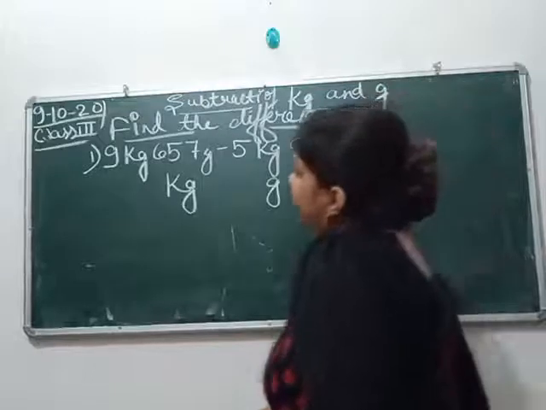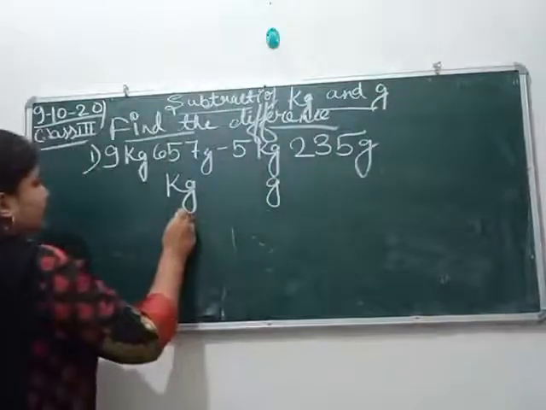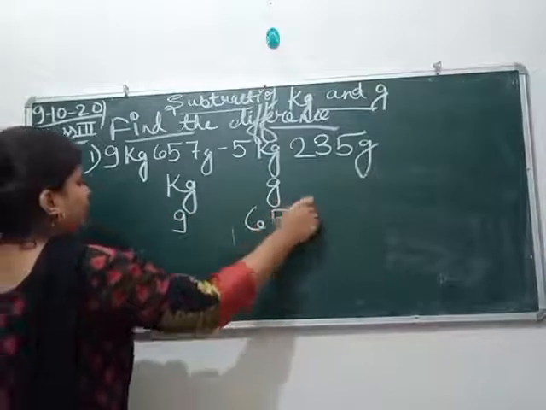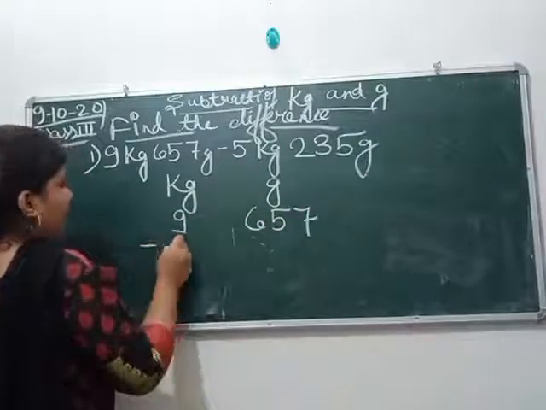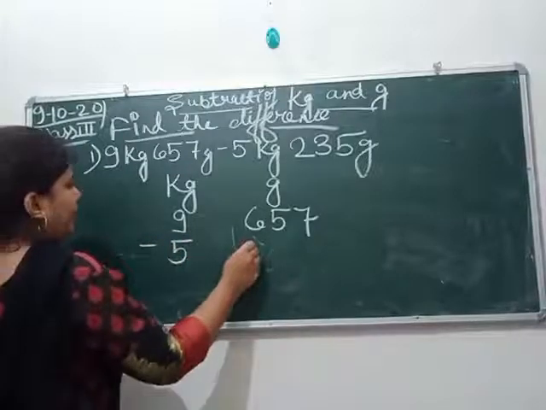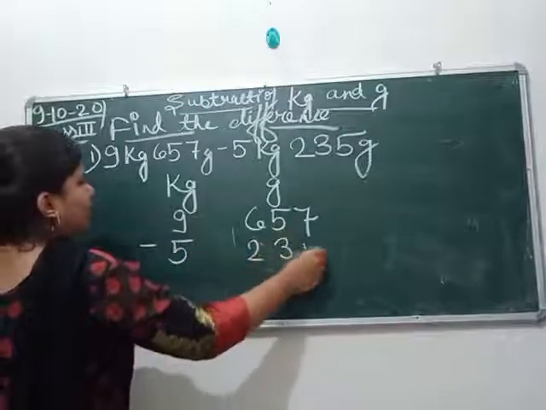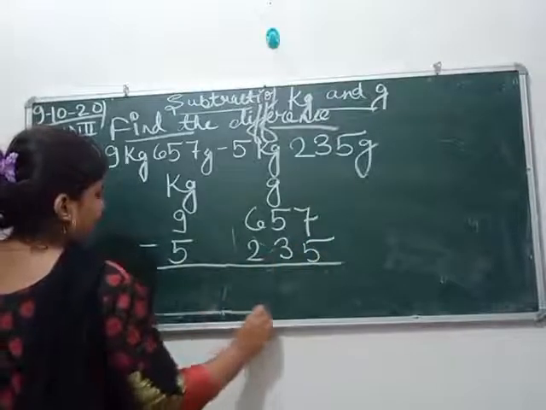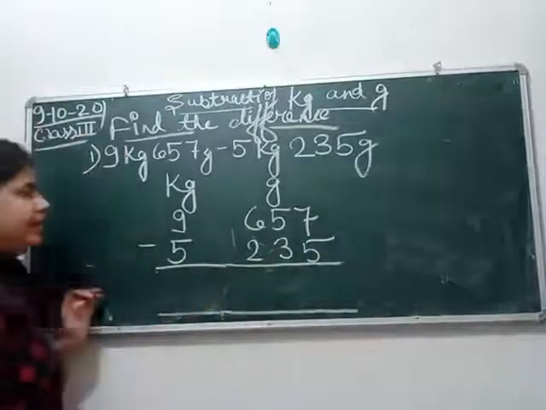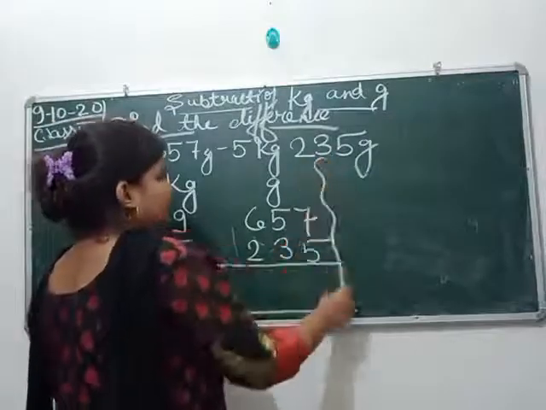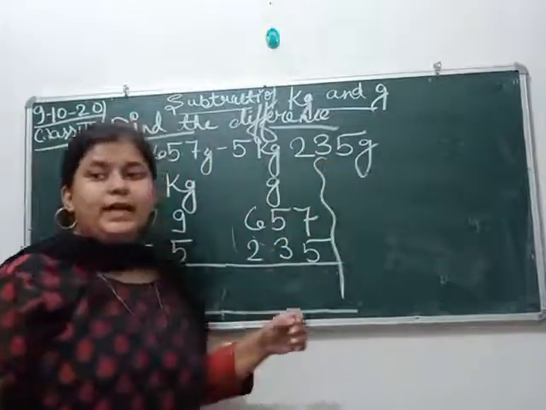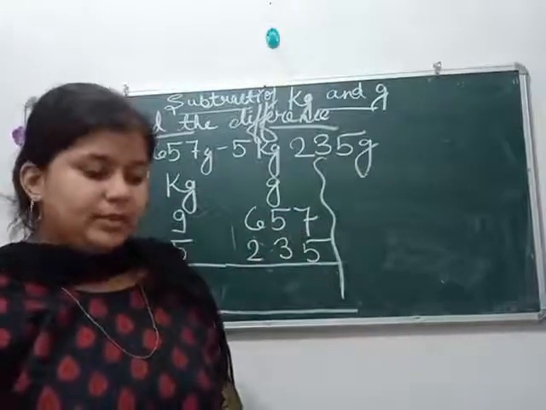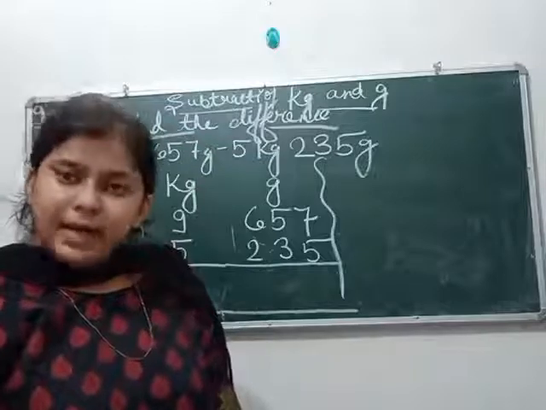So first we will note down 9 kg 657 gram minus 5 kg 235 gram. Okay, come on, let us subtract. We will start subtracting from the rightmost place.